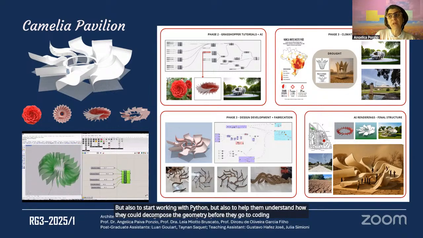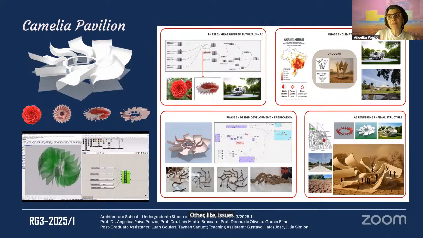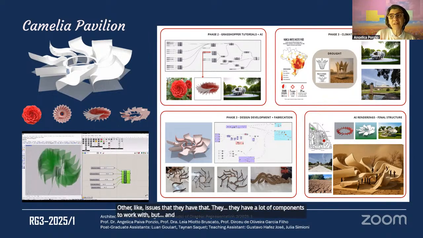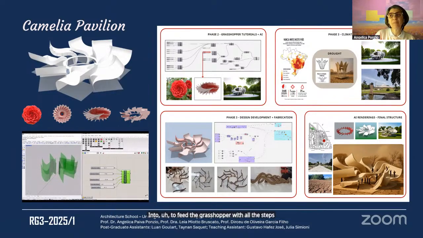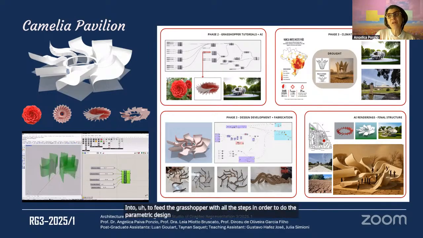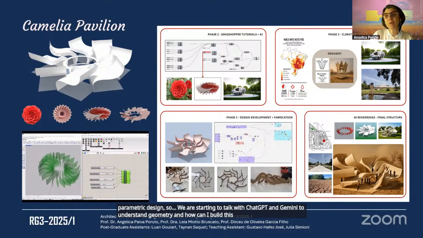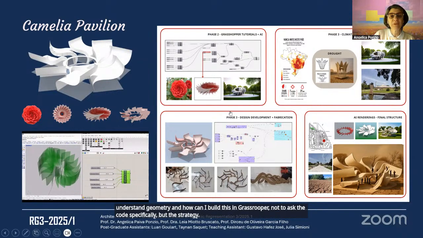Because one of the other issues is that they have a lot of components to work with, and they have the beginning idea, but they don't know how to translate their idea into the composition and to feed Grasshopper with all the steps in order to do the parametric design. So we are starting to talk with ChatGPT and Gemini to understand geometry and how I can build this in Grasshopper, not to ask for the code specifically, but the strategy. So we were testing this.